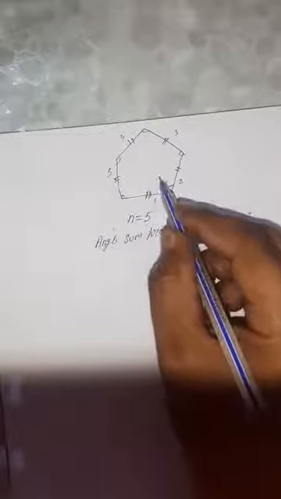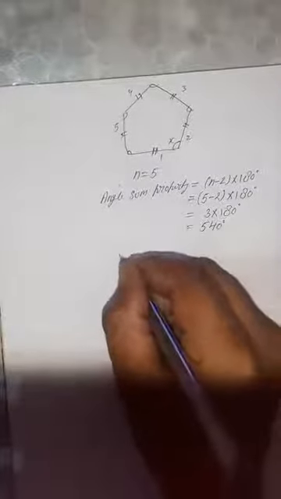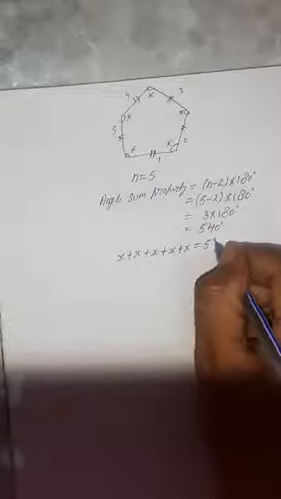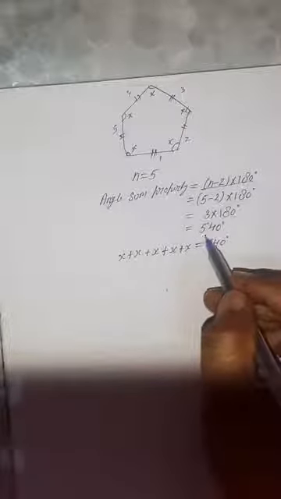You have to understand that when all the sides are equal, then all the angles are also equal. So we have 5 angles here: x plus x plus x plus x plus x. Because all angles are equal, this one is also x, this one also x, and this one also x. The sum of all 5 angles is equal to 540 degrees, which is the sum of all angles of a pentagon.